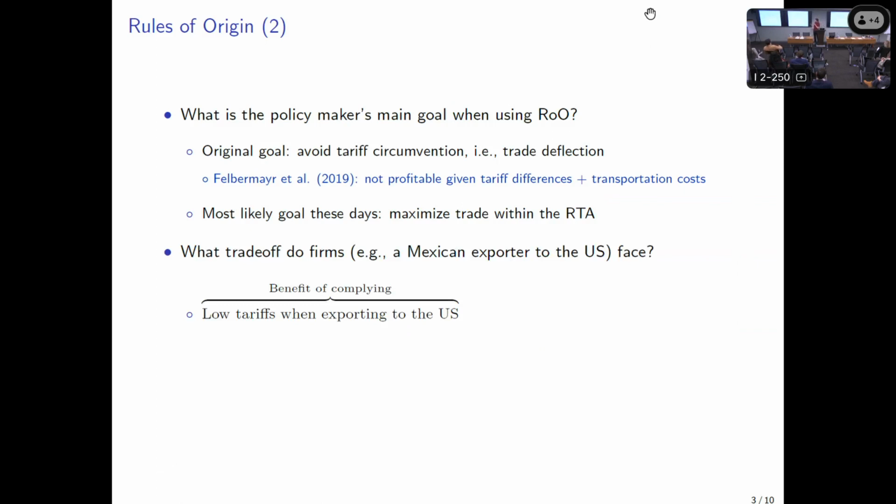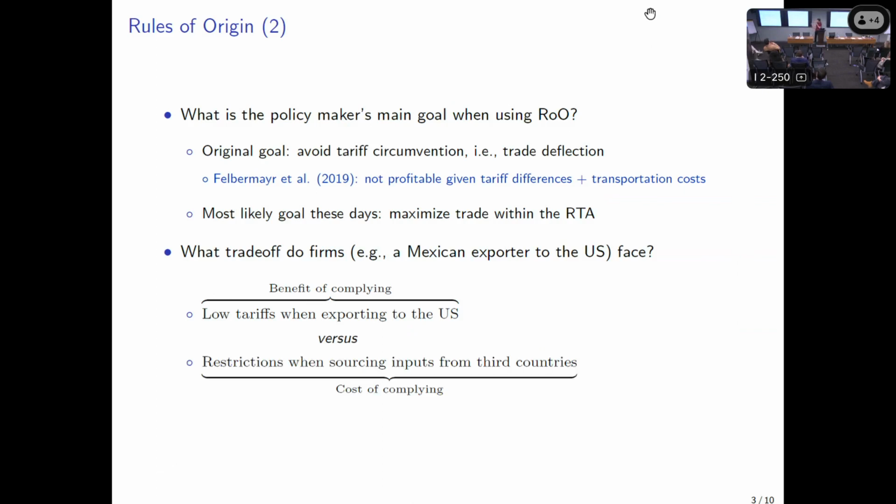So then what are the trade-offs that firms face when making sourcing decisions? First of all, there are low tariffs when exporting to the US if they comply with the rules. This means they use NAFTA. For me, it's much better to export to the US using NAFTA because the preferential tariff is usually lower than the MFN I would have to pay. So that is the benefit of complying with rules of origin.